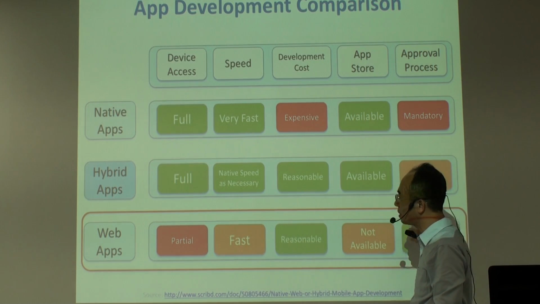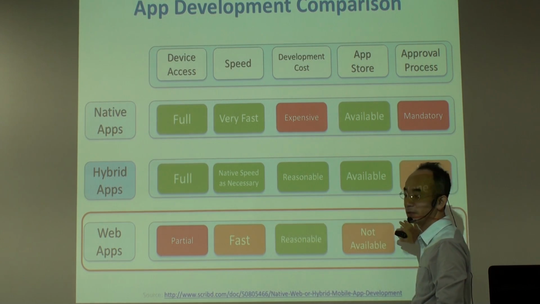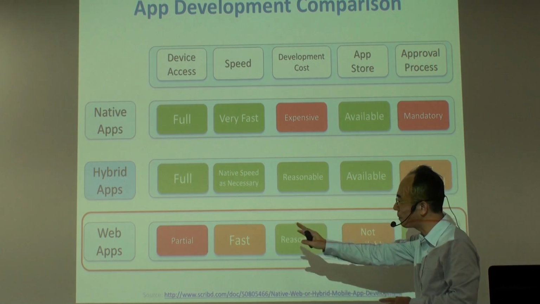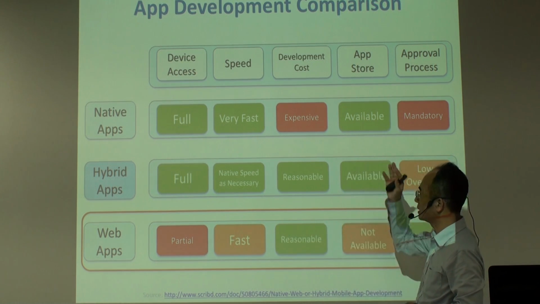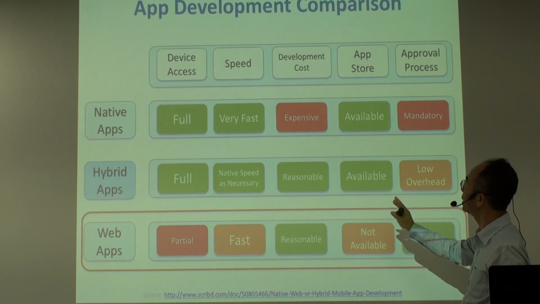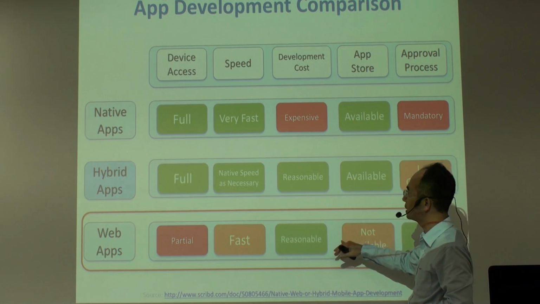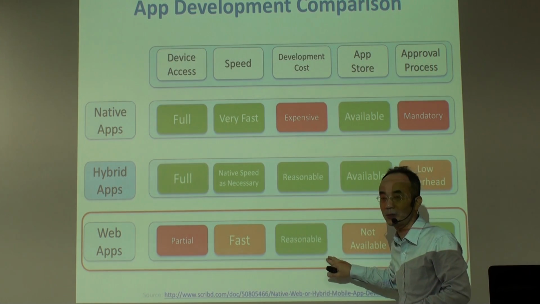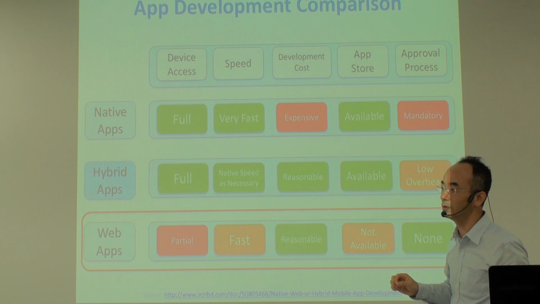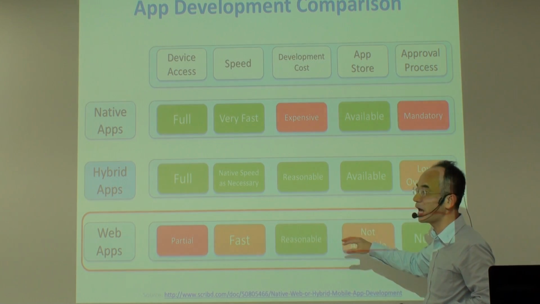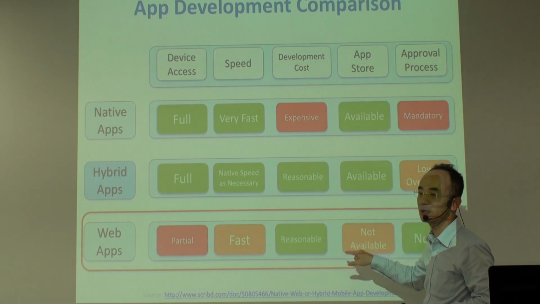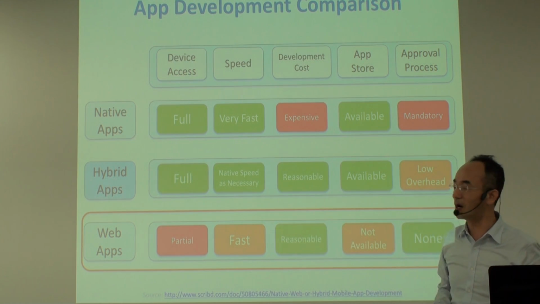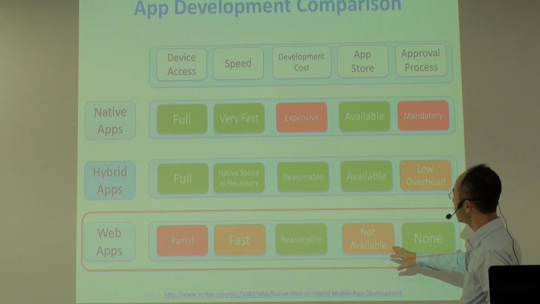As you can see here, today's topic focuses on web applications, where the device access is partial, the speed is fast, and the development cost is reasonable. That is the key issue for developing enterprise-wide applications, where time to market is very important.